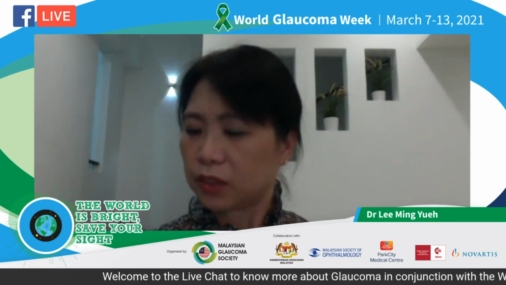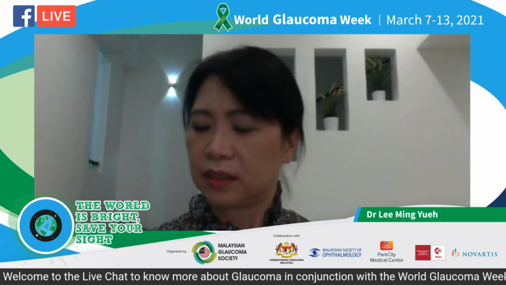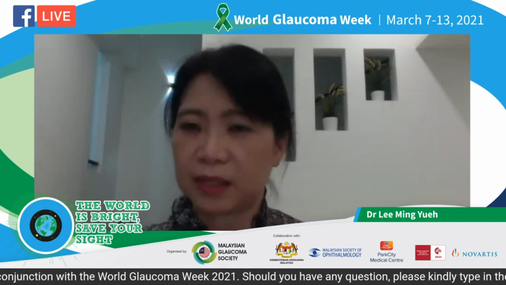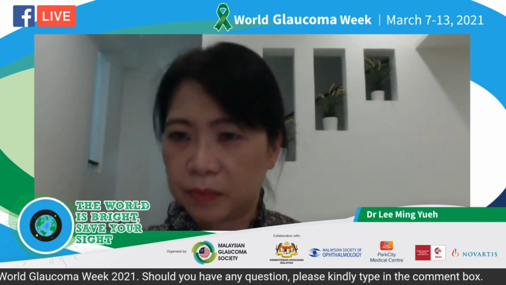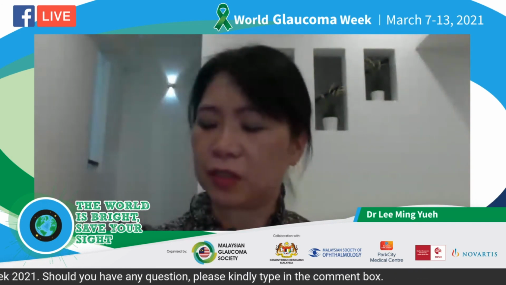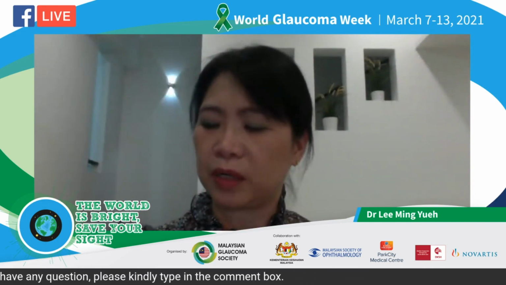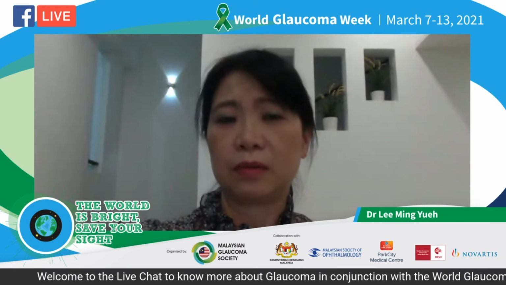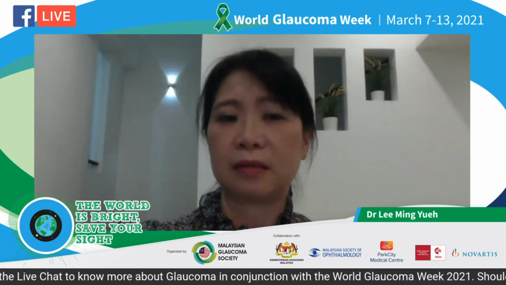The third question is, what diet is beneficial or can prevent glaucoma? We can't really quote you any study, but what we know is antioxidants are good, and some supplements that can increase blood circulation, like ginkgo biloba.